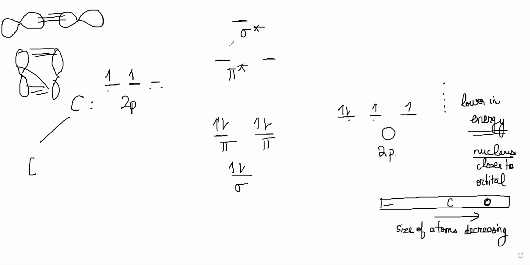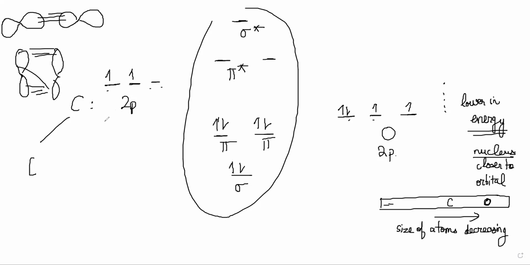So in general, what I want you to see is that I don't care about the numbers right now. What I care about is this orbital is higher and this orbital is lower in energy. And finally, these are the bonding MOs, and these are the anti-bonding MOs.